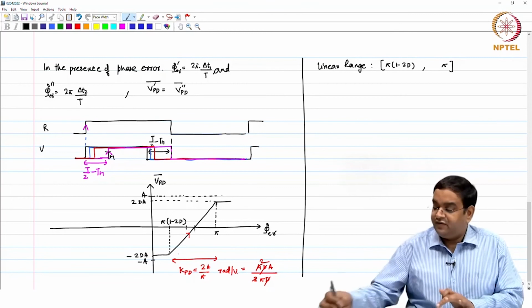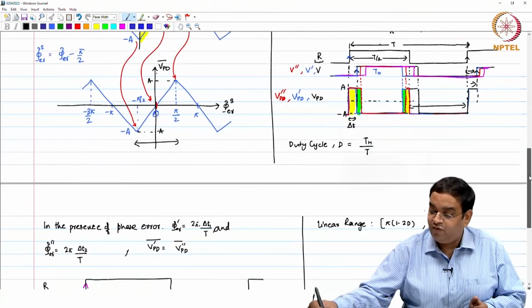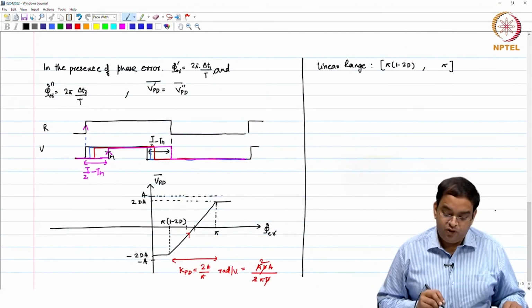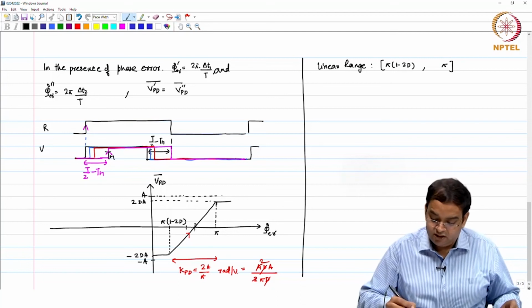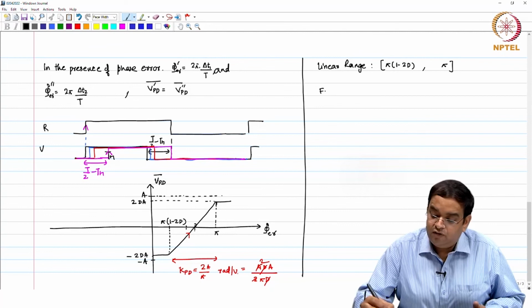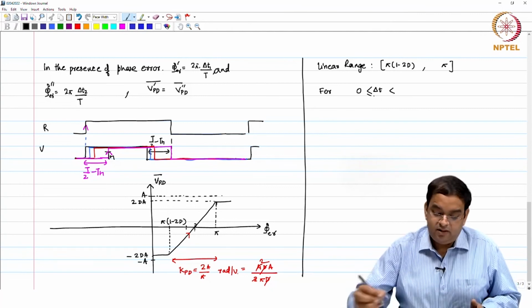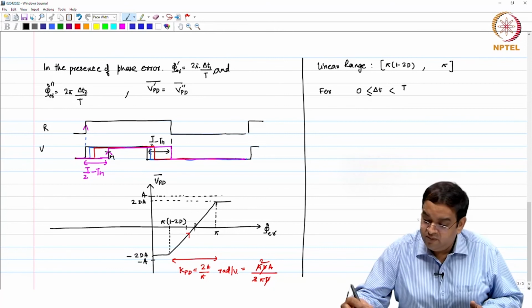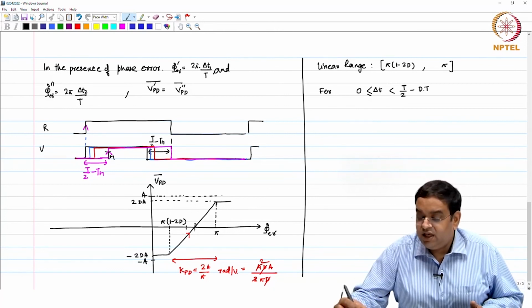You can again shift this plot back to this plot wherever you find that the phase error is equal to 0. Okay. During this time, you have the phase error equation given by, I will write it, you can also calculate it for delta t error, which is greater than 0 and less than or equal to t by 2 minus d times t.